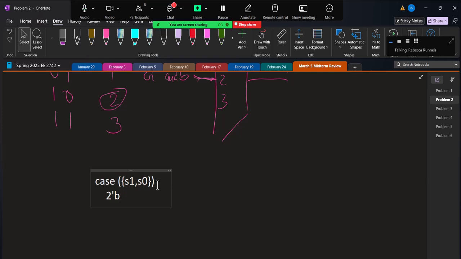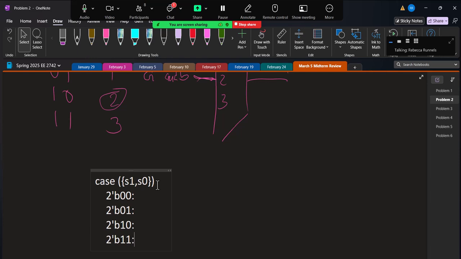So it's two digits in binary, 0, 0. That's my first possibility. My second possibility is 0, 1. My third possibility is 1, 0. And my fourth possibility is 1, 1.